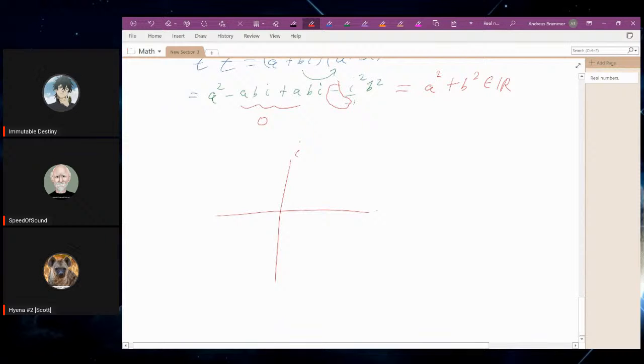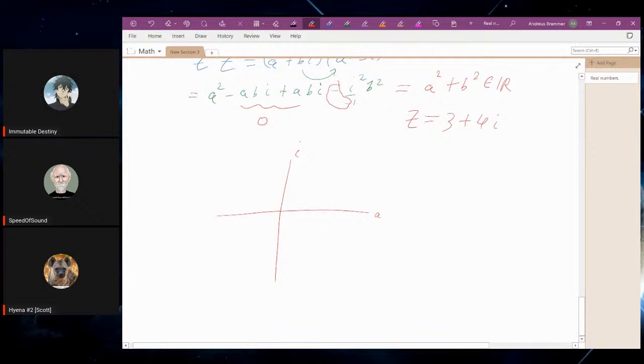And I'll call this number a, for instance. And let's say the complex number I'll deal with, let me say that z is 3 plus 4i.